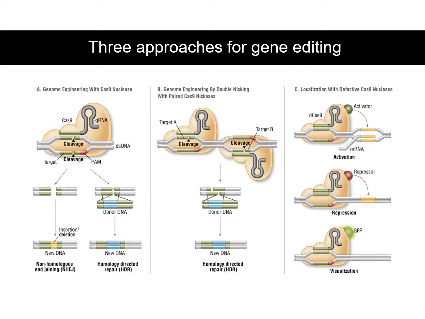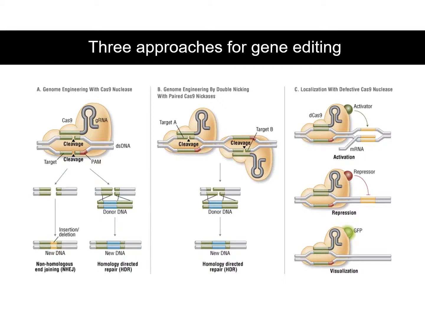The other possibility is providing some donor DNA or template DNA. This is perhaps a more powerful technique because we have a more precise control over the recombination, the repair of the double-stranded break, and we can actually insert a new sequence if we want to. We can make modifications to individual bases or even more.